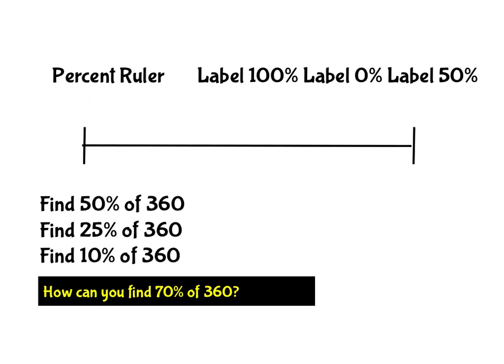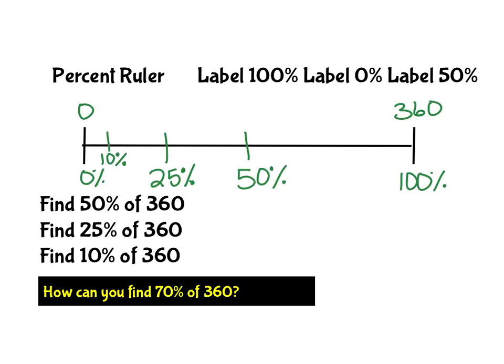All right, I would like you to try to do this one on your own, so please pause your video and then come back. All right, so let's check your work.